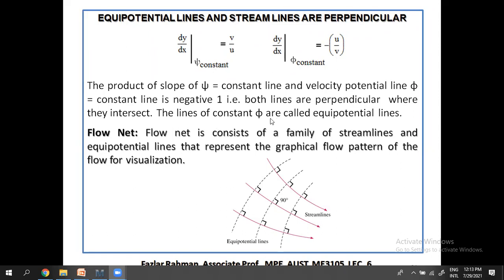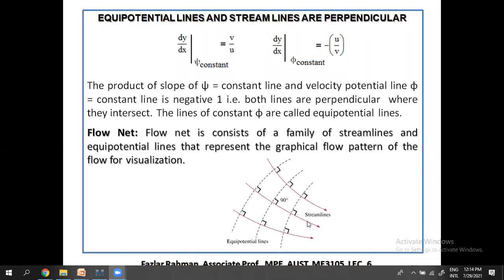The line of constant phi is also called an equipotential line. Equipotential line means along that line, the velocity potential is the same. So you see in the bottom, a group of streamlines in pink color with arrows, and this is an equipotential line, the black dotted line.